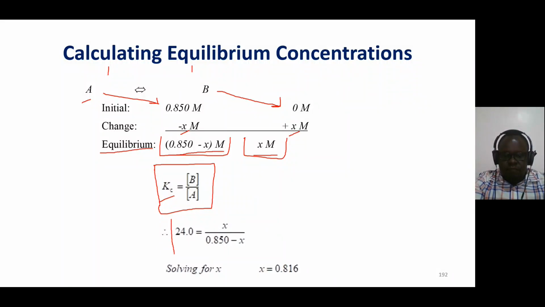Kc was given as 24. So that means 24 equals the concentration of B at equilibrium, that is X, divided by the concentration of A at equilibrium, which is 0.850 minus X.